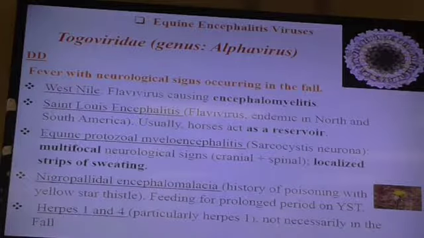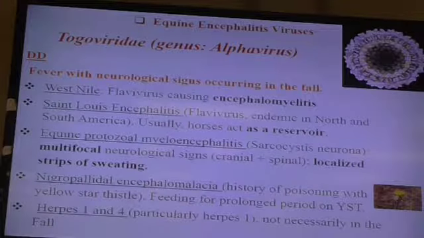So West Nile is a flavivirus which causes encephalomyelitis. Do we remember in the bovine another flavivirus? Bovine viral diarrhea. Okay, so bovine viral diarrhea has another genus which is different from West Nile and St. Louis encephalitis.